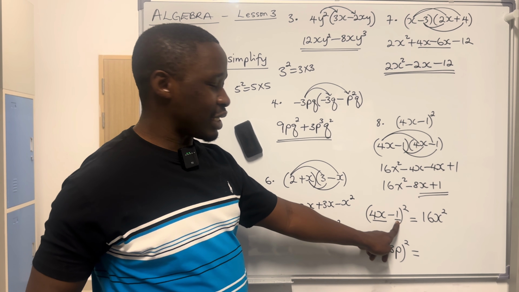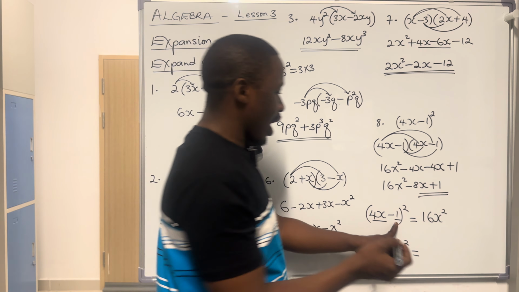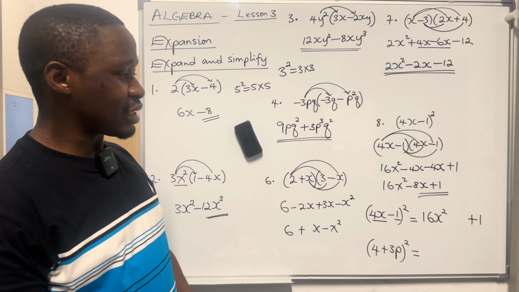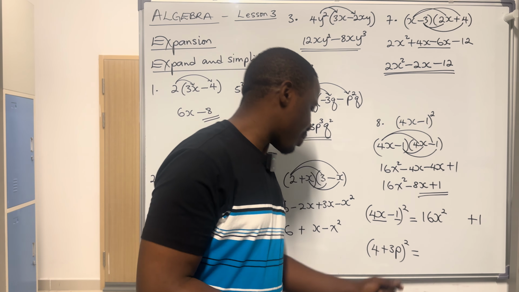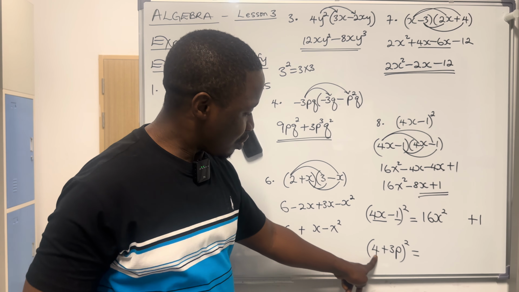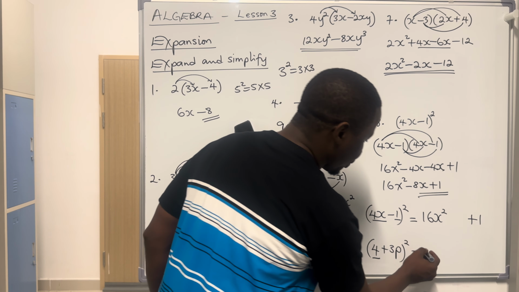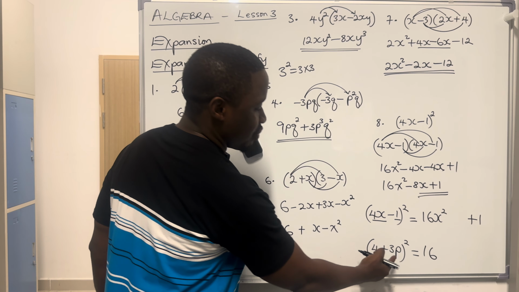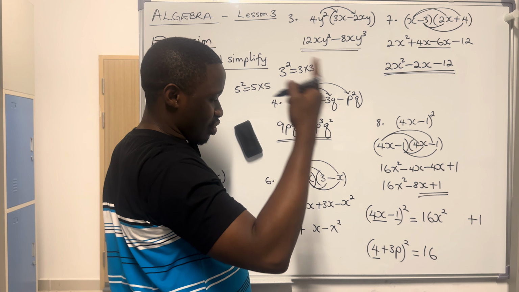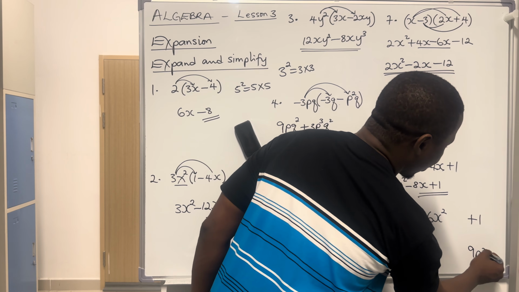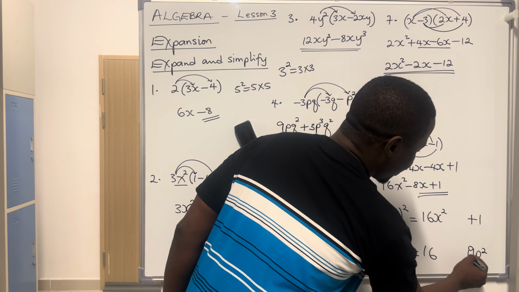We also square this. Minus 1 squared is 1. Let us do the same. If we square this 4, 4 squared, we get 16. If we square this 3p, everything squared, we have 9p squared.